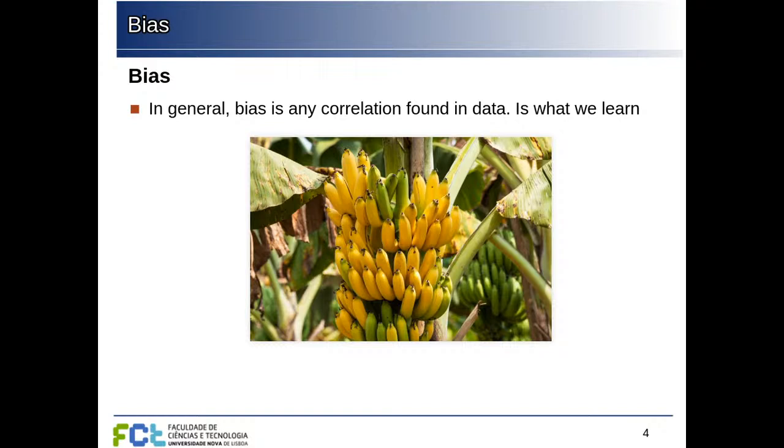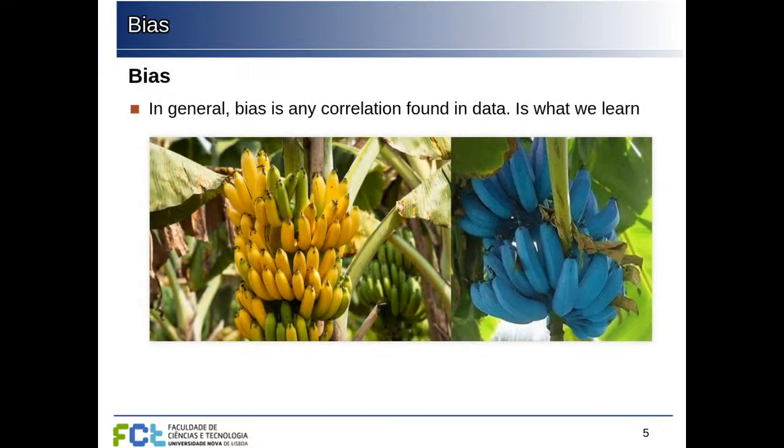So, for example, if you look at this picture, and if I asked you to label what is here, you would probably say that they are bananas, because we can recognize bananas and we have some assumptions about what bananas are from our experience and our knowledge of the correlations in this data set.